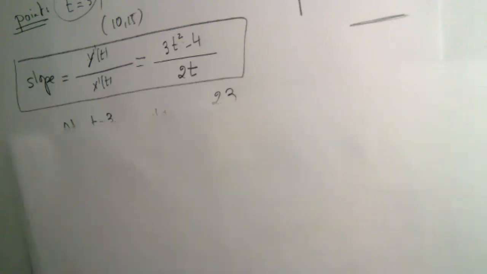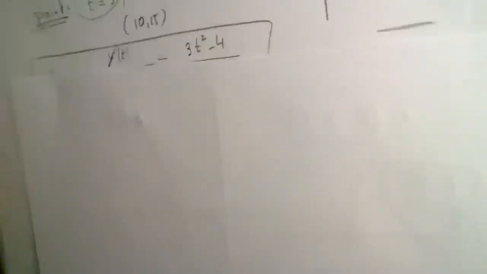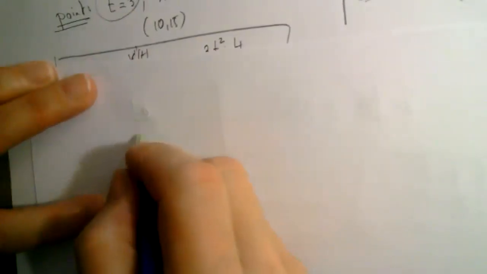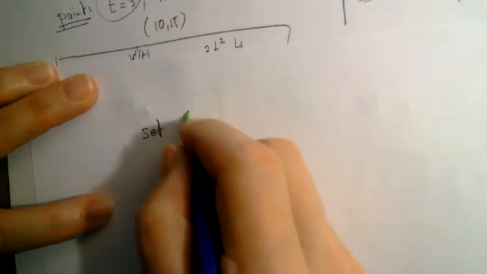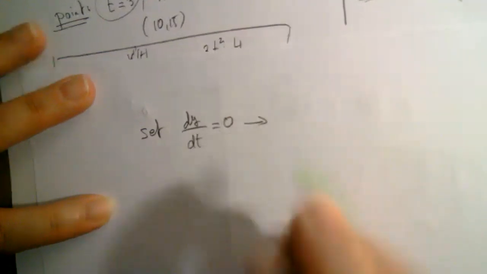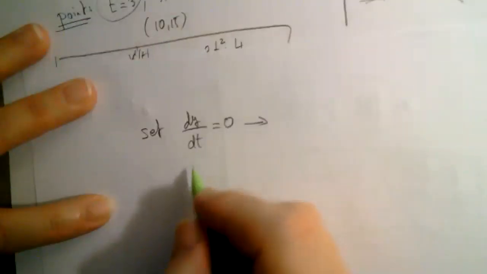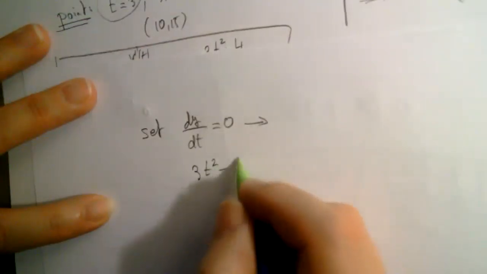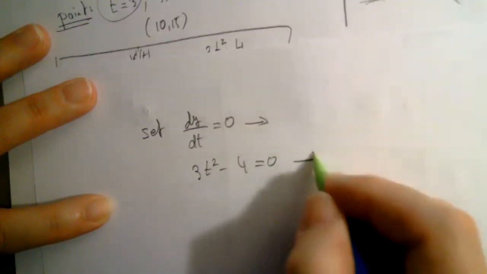So now this becomes an easy question. Why is it an easy question? Because I know dy/dt. I just have to set dy/dt equal to 0. But what is dy/dt? We know what dy/dt is. It means 3t squared minus 4 equals 0.